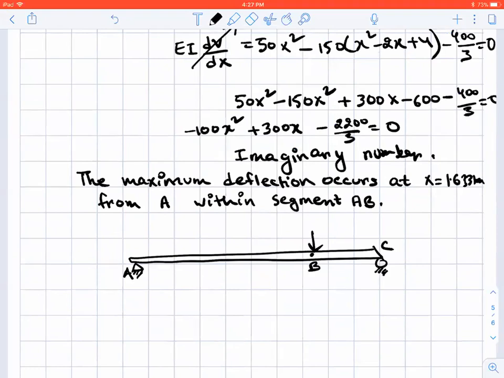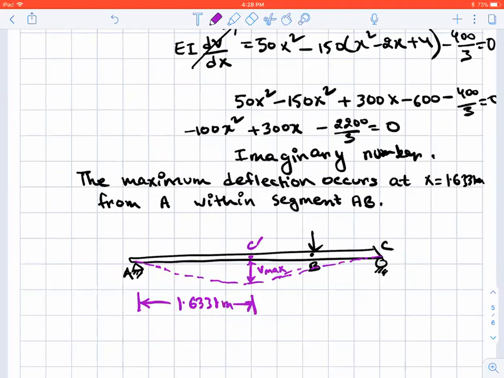If I draw it, you're going to see your maximum. This is C prime, this is where your Vmax is, and the distance from here to here is 1.6331 meters.